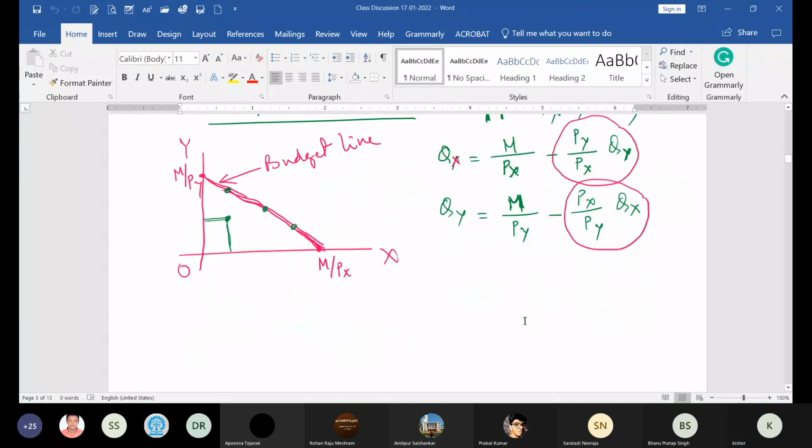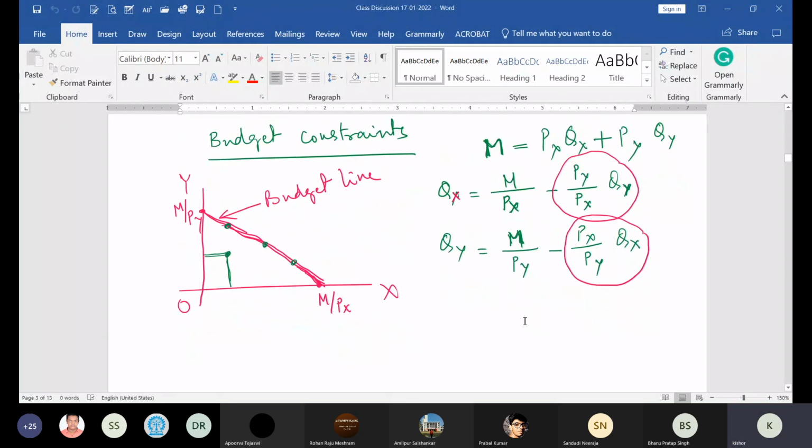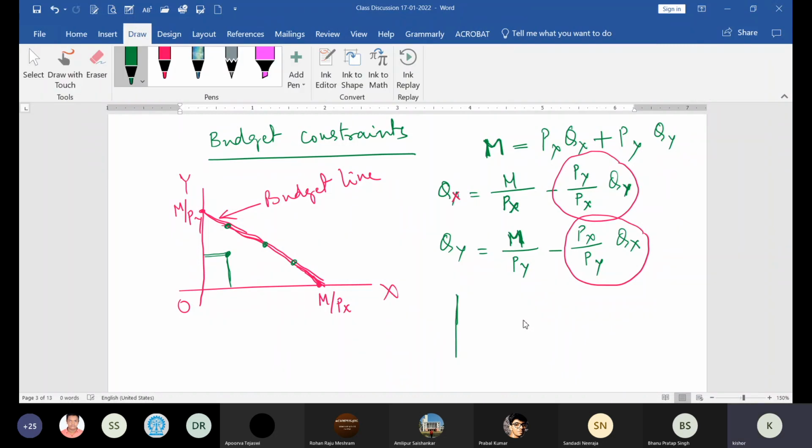Think about a situation where only your budget increases, and all other things are at a certain level. Suppose your budget line is AB, and only your income changes. It may increase, it may decrease also.